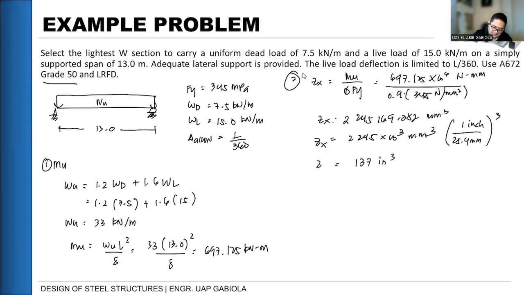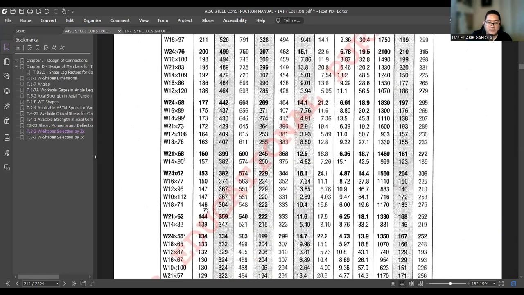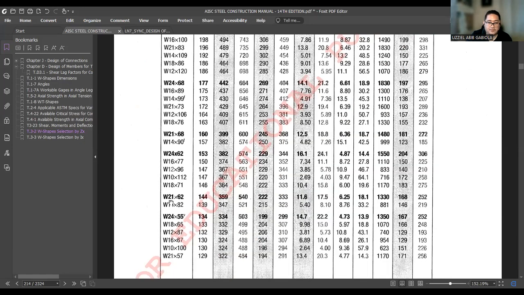Ito yung ZX natin. And then punta tayo dun sa ating ZX table. Kailangan natin is 137. So try natin si W21 by 62. Okay? W21 by 62 yung gagamitin natin.